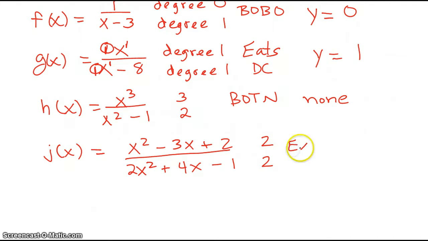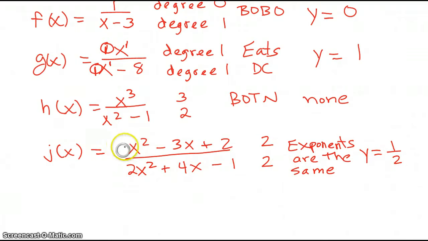So that means that the exponents are the same. So I'm going to divide the coefficients. Now remember, when you divide the coefficients, you're dividing the coefficient of the one where you got the degree from. So I'm dividing 1 by 2. So the answer will end up being y equals 1/2. Because I'm dividing the coefficient of x squared here, which is 1, by the coefficient of this x squared, which is 2. So we end up with our asymptotes.